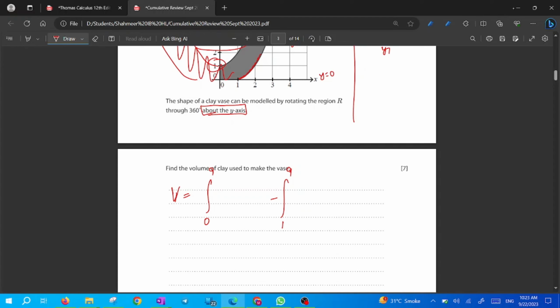Here we need (f(y))² dy, and here we need (g(y))² dy.